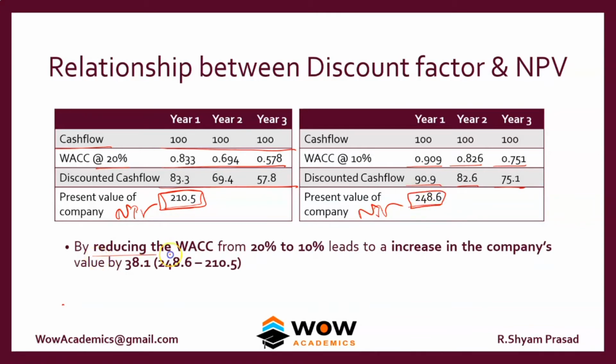See, by reducing the WACC from 20 to 10, it leads to an increase in the company's value by 38.1. If you deduct this answer from this answer, you will get 38.1. So it's very clear. If your WACC is higher, your NPV will be lower. If your WACC is lower, your NPV will be higher. So they are inverse in nature.